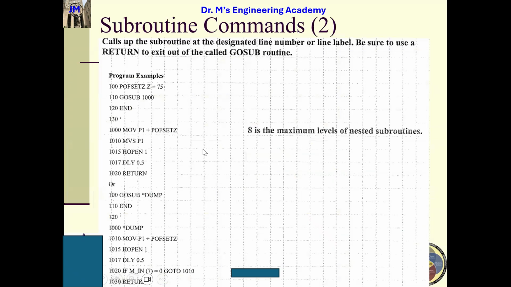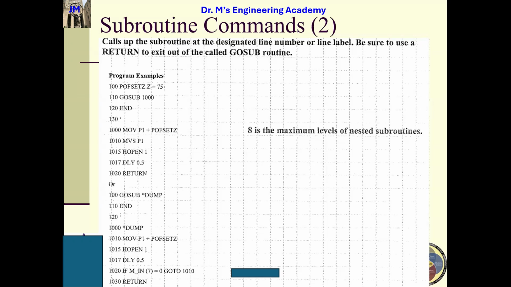So here is an example. Okay, here P offset Z equals 70. That means this is an offset value of 75 millimeters. And then go sub 1000. So here is 1000, and you can have a label and call it dump.